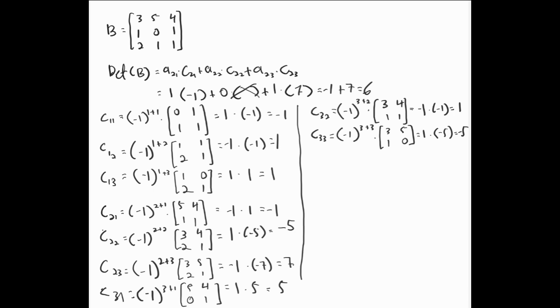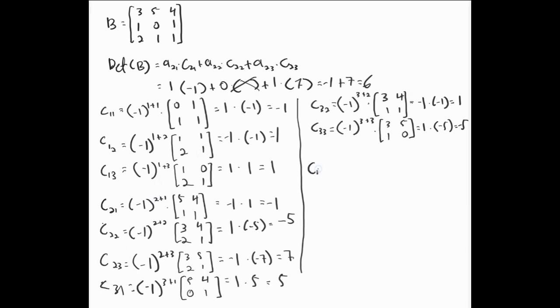There you have it, the cofactor of all elements. So let's rewrite the cofactor matrix. -1, 1, 1, -1, -5, 7, 5, 1, -5.